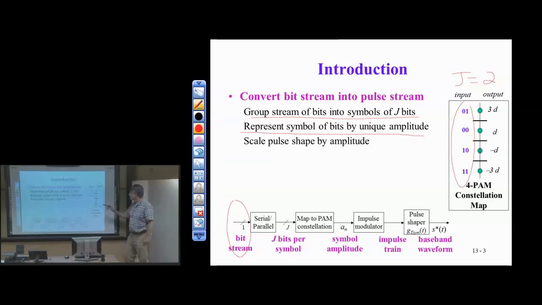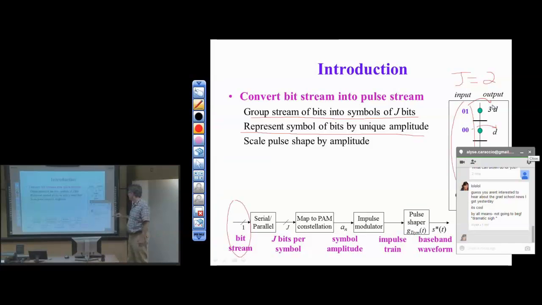So for every 2 bits that I group, I have 4 possibilities, and I can encode this many different ways. This is just one way to encode the data. For 0, 0, I'm going to map this to a real amplitude, little d. And for 0, 1, I'm going to map this to an amplitude.